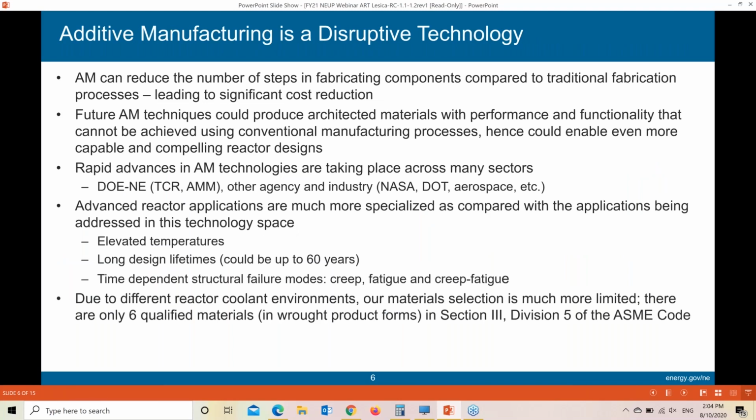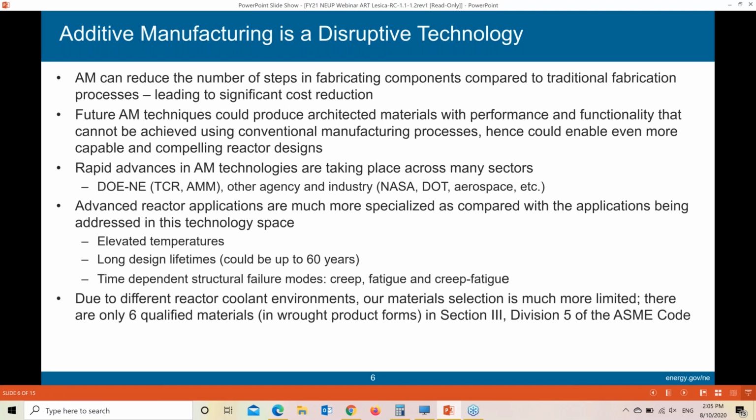Additive manufacturing is a very disruptive technology which can greatly reduce the number of steps in fabrication, which can lead to cost reductions. Future additive manufacturing techniques could also produce architectured materials that have performance and functionality that we can't even touch with conventional manufacturing processes, which will make our reactor designs more effective, more efficient, more safe.